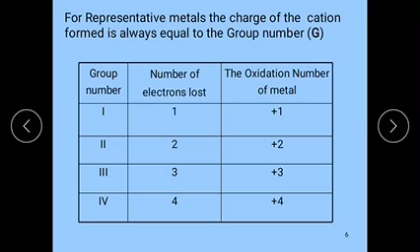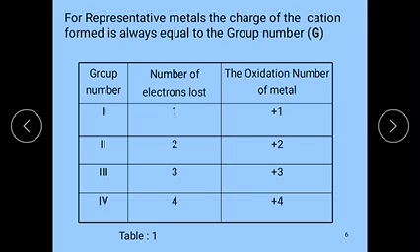Fourth group elements are capable of losing 4 electrons, so we take it as +4 oxidation state. Fifth group elements are not like this, because in that case reduction takes place. Here metals lose electrons to attain stability, and the oxidation number is given by the total number of electrons lost from an atom.